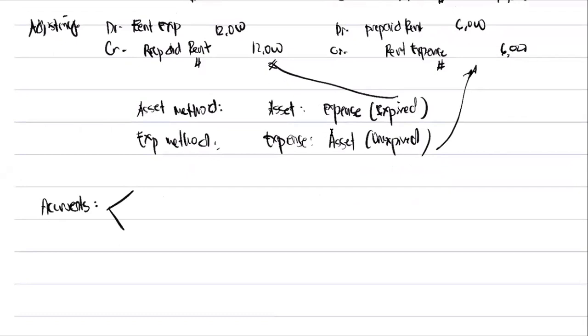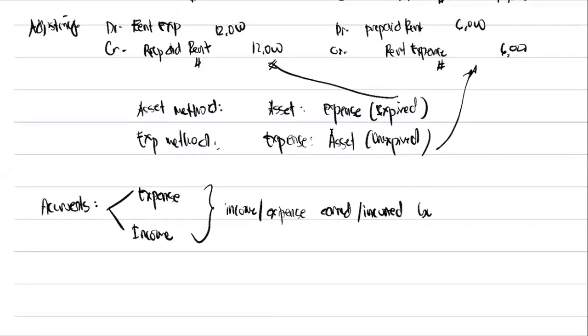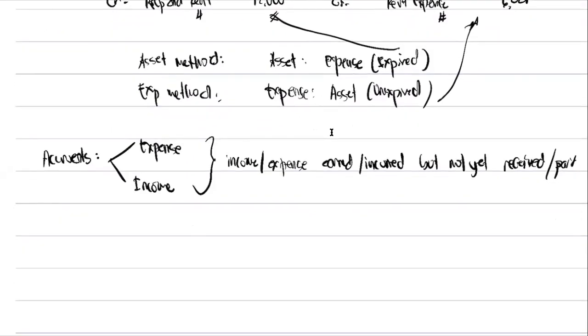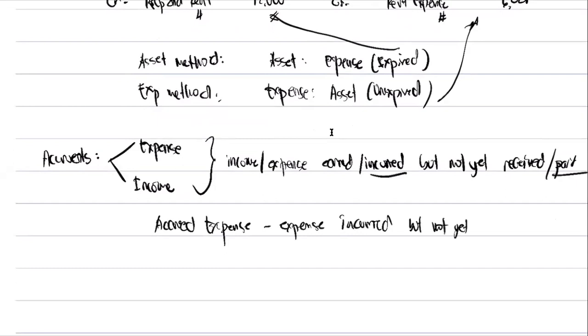So your accruals can either be an expense or an income. So when we say accruals, these are income or expenses earned or incurred but not yet received or paid. So in short, when we say accrued expense, this is an expense incurred but not yet paid.